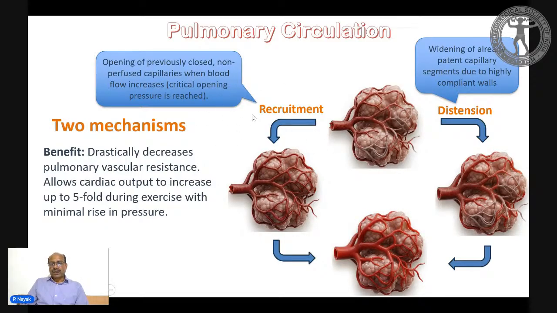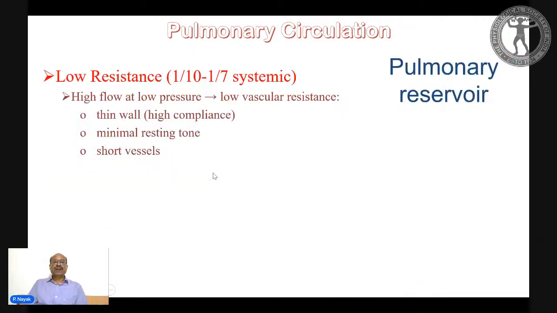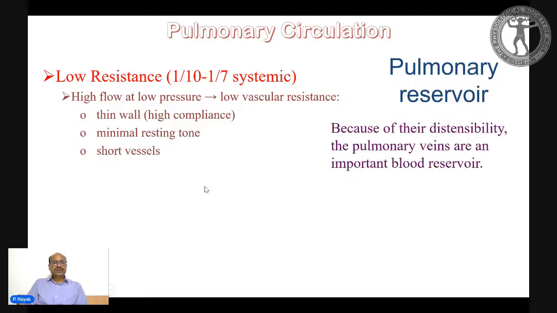So recruitment and distension reduce the pulmonary vascular resistance so that it can be utilized for adjustment as required during exercise or during demand. Already we have mentioned that it is low resistance.